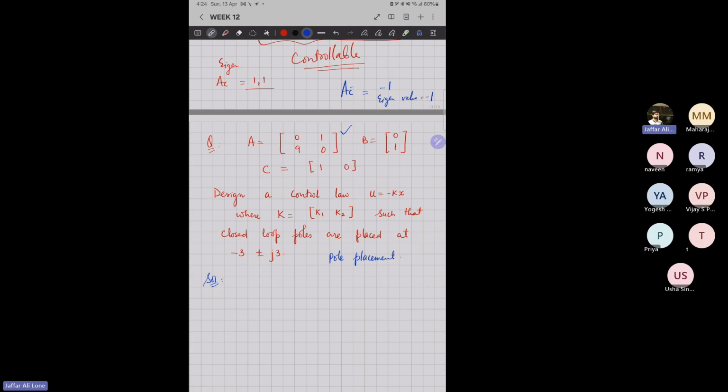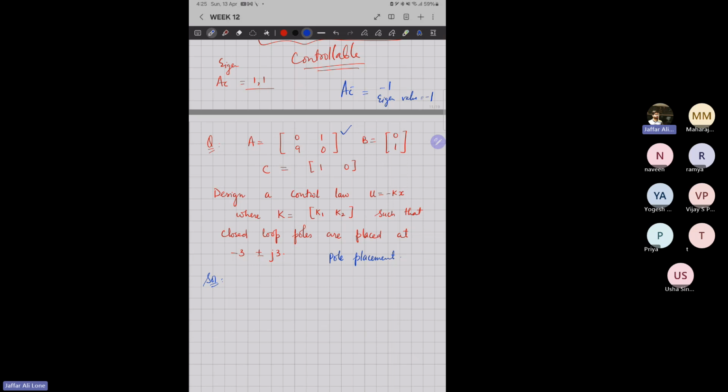And then you're asked, can we design a control such that we can place the closed loop poles anywhere in the left half? What are the conditions? If we can place the poles anywhere in the left half, that means we can stabilize the system, right? Or if I already have poles in the left half, I can place them farther away from the origin so that I can improve the stability, right?